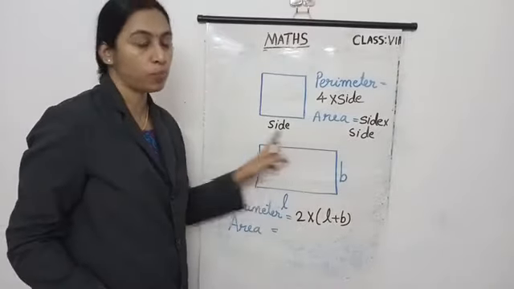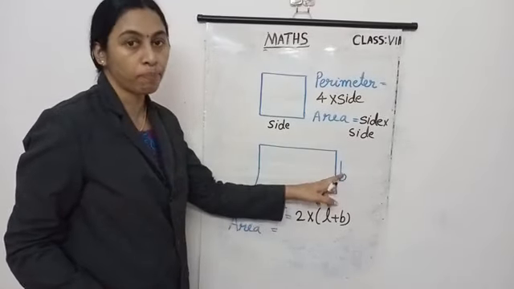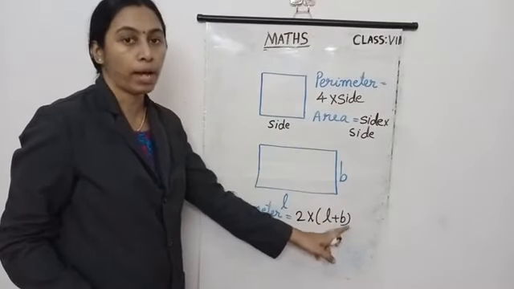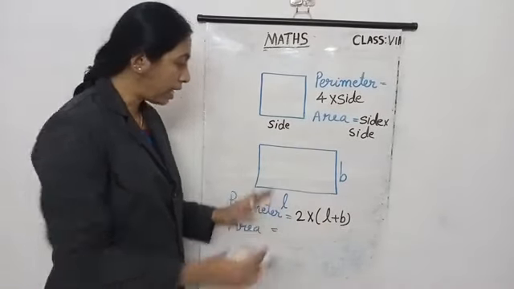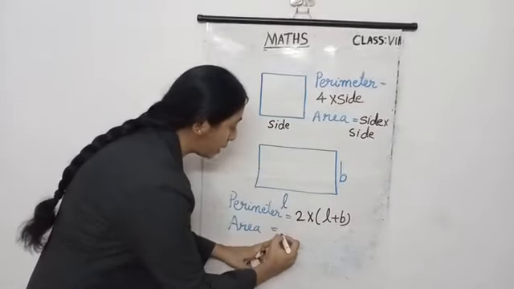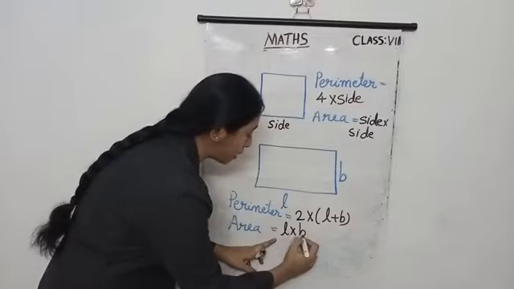Total length of this boundary is L plus B plus L plus B, that means 2 times (L plus B). Then area. Area is the total portion inside this boundary. Area is equal to length into breadth.